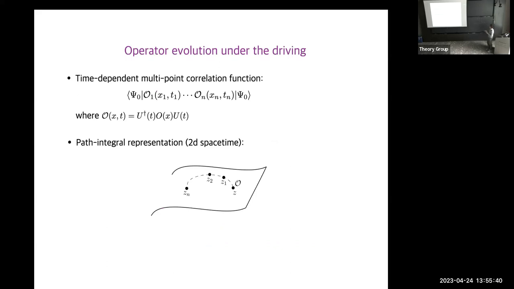Usually when we calculate the non-equilibrium time evolution, we are interested in the multi-point correlation function. Here O1, O2 are defined in the Heisenberg picture. U and U dagger are the unitary time evolution operators which correspond to the driving.